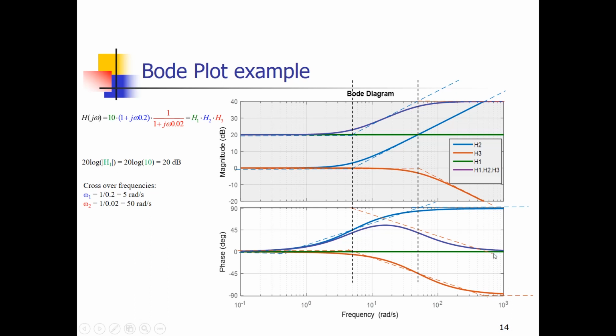So we end up also at 0 degrees. And in between, we see that the blue curve from system H2 is starting at a lower frequency than the red curve from system H3. So we see that the phase increases, and then when the red system comes into action, we see that the phase drops again up to the 0 degrees at the end.